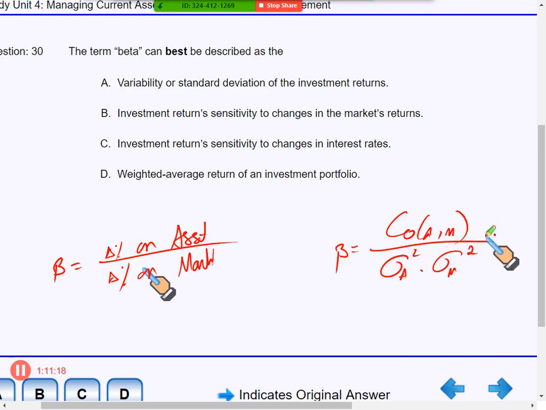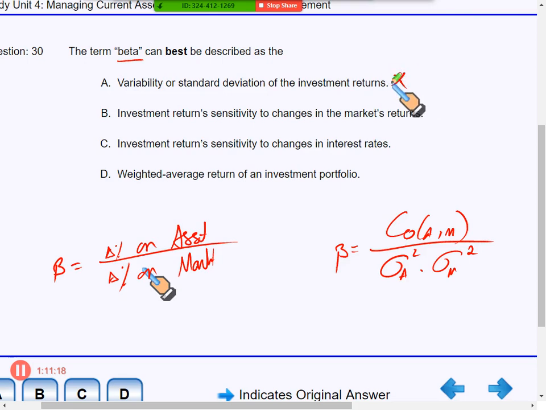Now let us compare. Variability or standard deviation of investment returns. We don't see standard deviation here, and moreover, beta is a comparative risk of asset return compared to the return on the market, not for a single asset. It's a comparative measure.